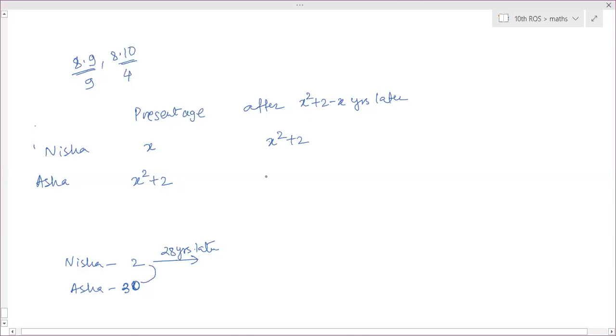Then what is Asha's age after these many years? In her age, you have to add this much: x square plus 2 plus x square plus 2 minus x. So it will become 2x square plus 4 minus x. When Nisha will be Asha's age, what is Asha's age? 2x square minus x plus 4 years.